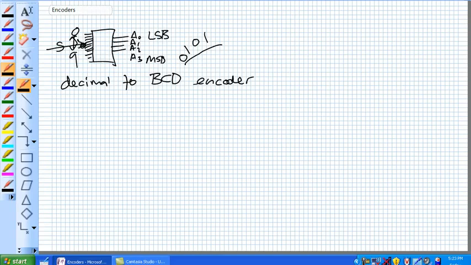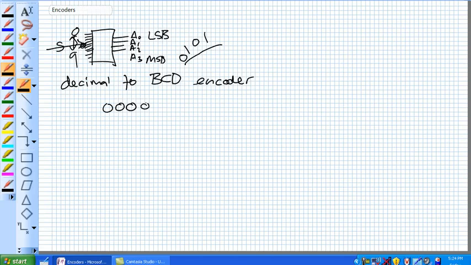We're going to go into priority in a little bit. But just go back to this decimal to BCD encoder. Think about a 0 key being pressed. What are our outputs going to be? Well, it's going to be 4 zeros.